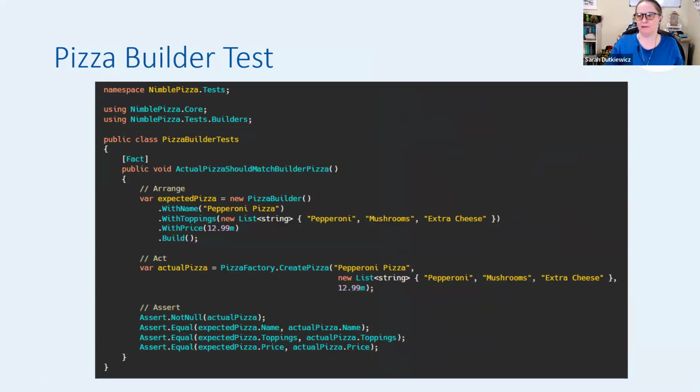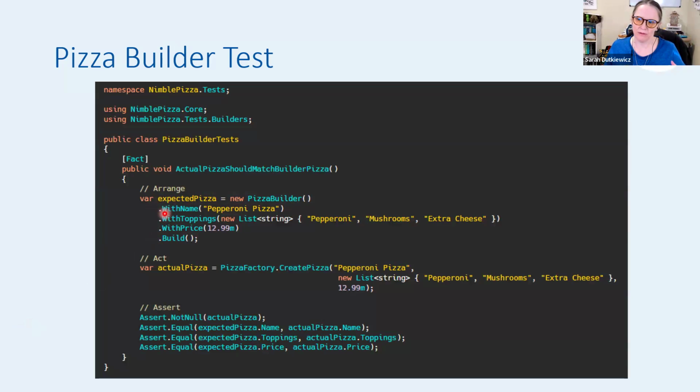So this is the pizza builder test. With the pizza builder test, I have an actual pizza that I'll get from the factory, and then I have a pizza builder. When I call my builder, it's new, and then the builder name, and then it's the chain of with properties. You don't have to have all of the withs.